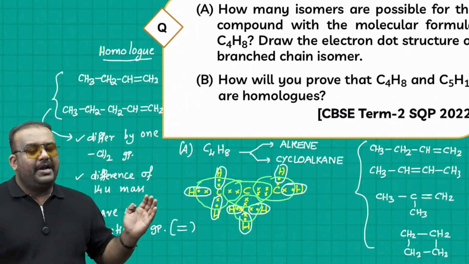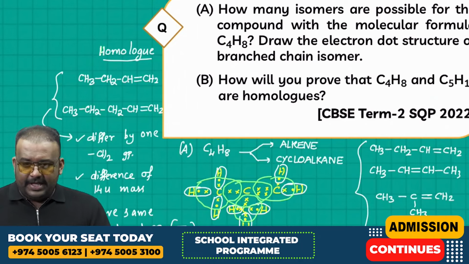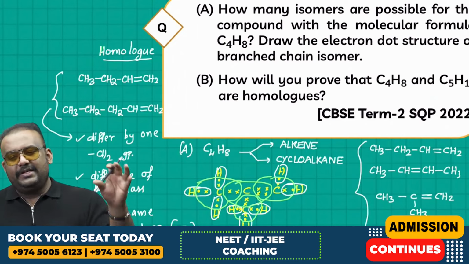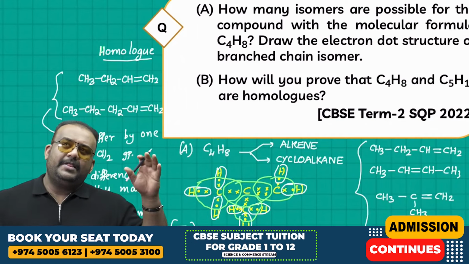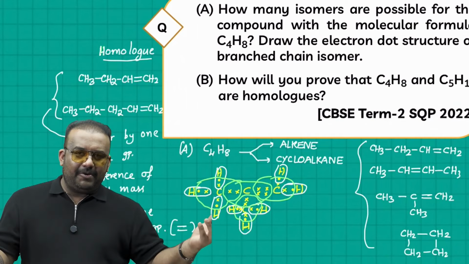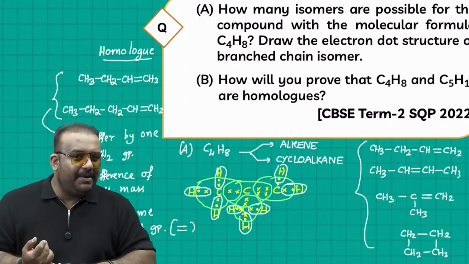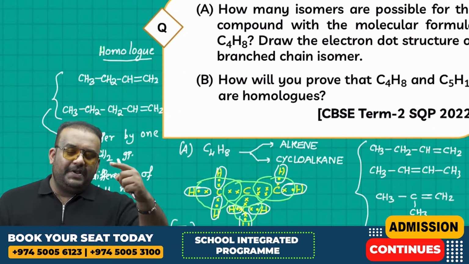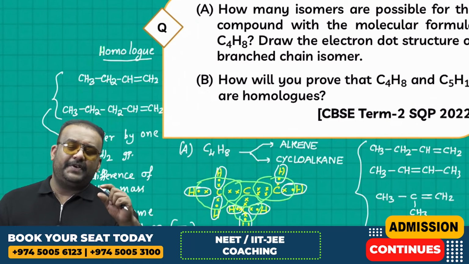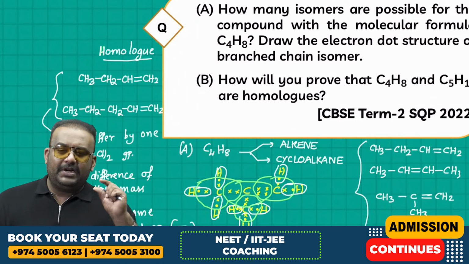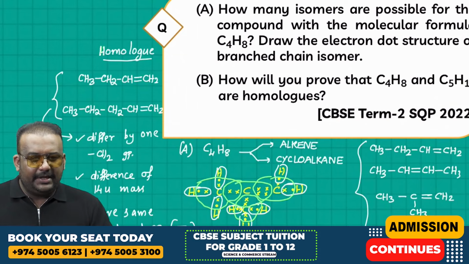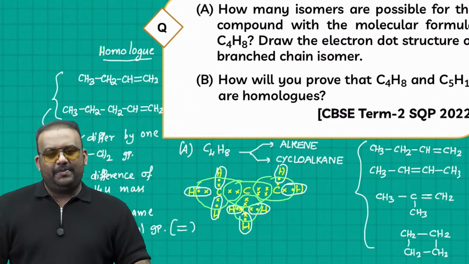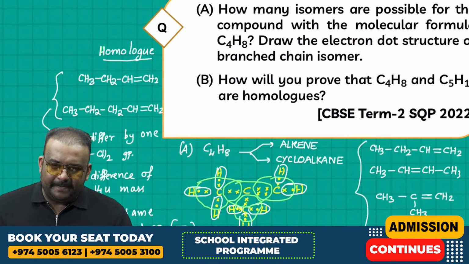So these criteria are enough to say that they both are homologues, because all homologues must have the same functional group. They will differ in their physical properties, but they have the same chemical properties. Adjacent members of a homologous series differ by 14 units of atomic mass or by one CH2 group. These are the conditions of a homologous series. So I hope this question is very clear to everyone.